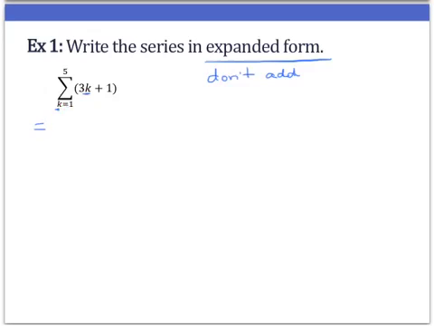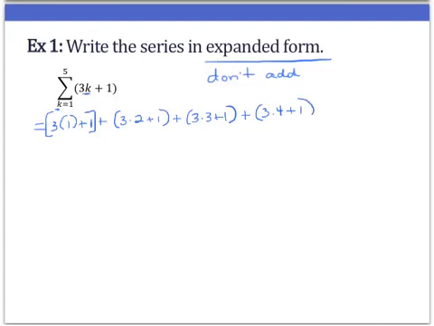So what this is telling me is to begin with k equal 1. Here's my first number. And then we're going to substitute in 2. And then we're going to substitute in 3. And we're going to continue doing this until we reach 5. And the reason we stop at 5 is at the top of my sigma is a 5.